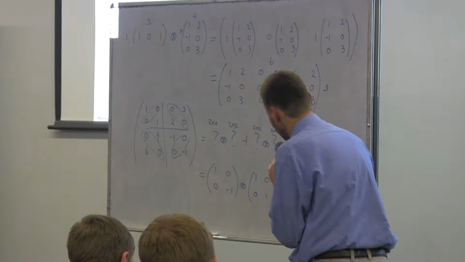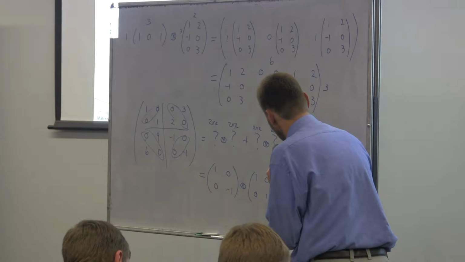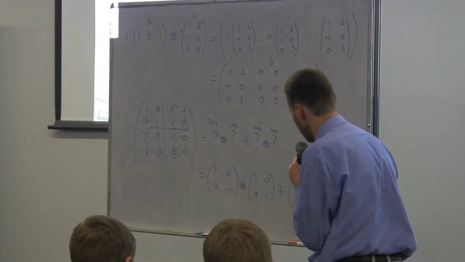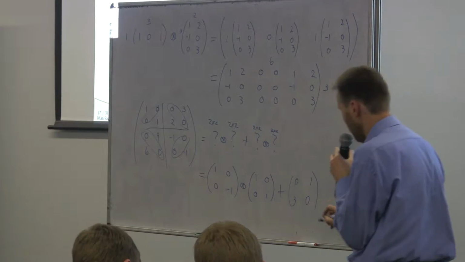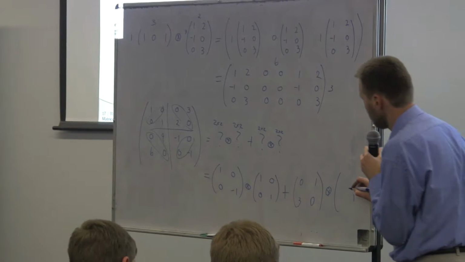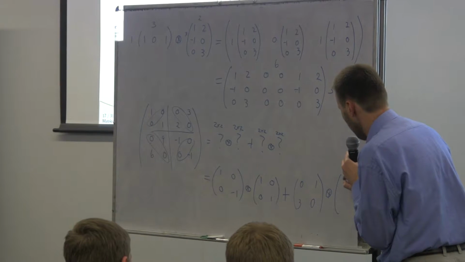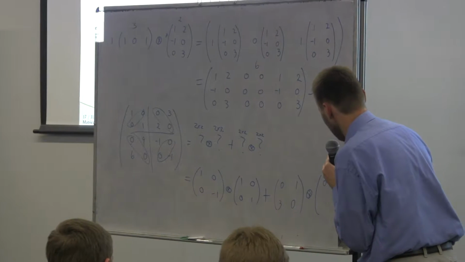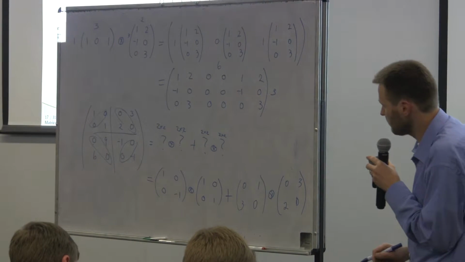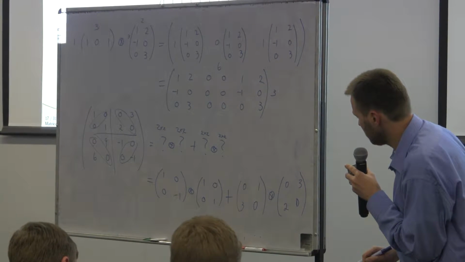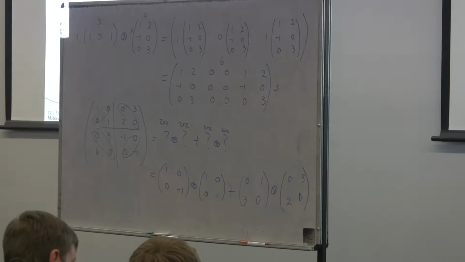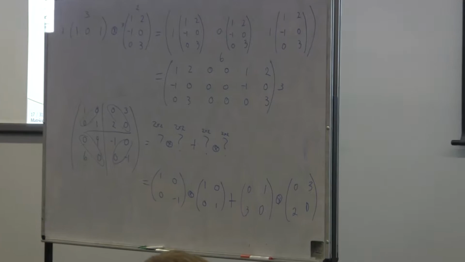So what we will have is 1 in that place, and 3 times that in the lower left quadrant. And we will have 2. Right. Does everyone agree? Make sense?